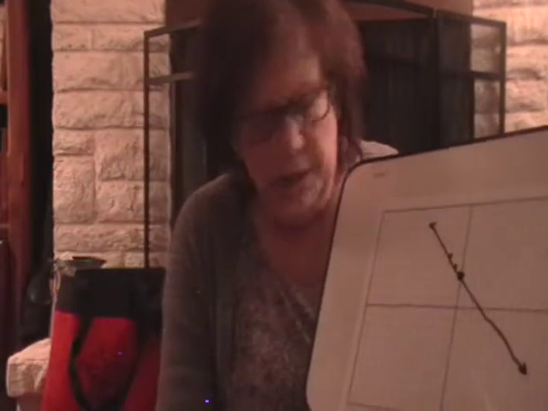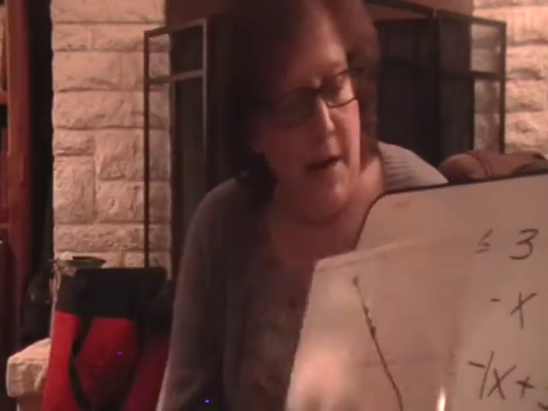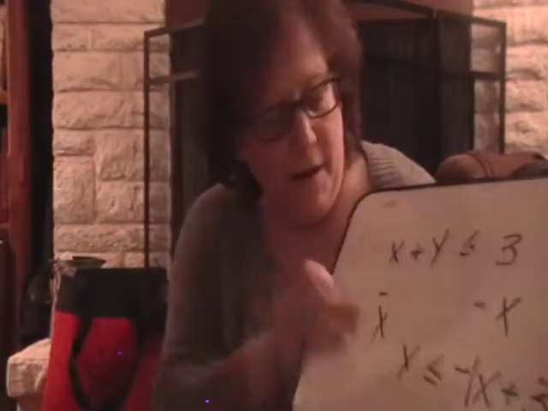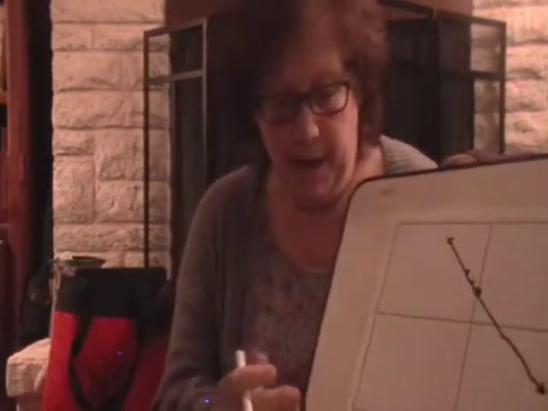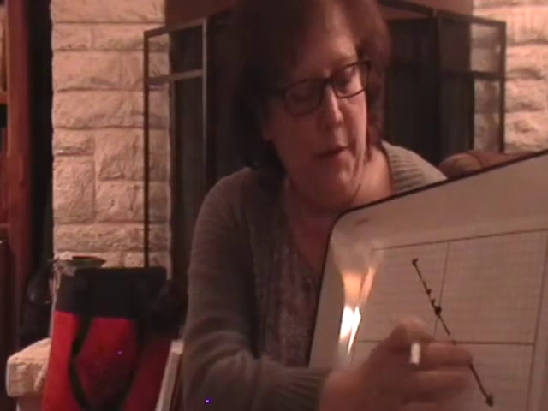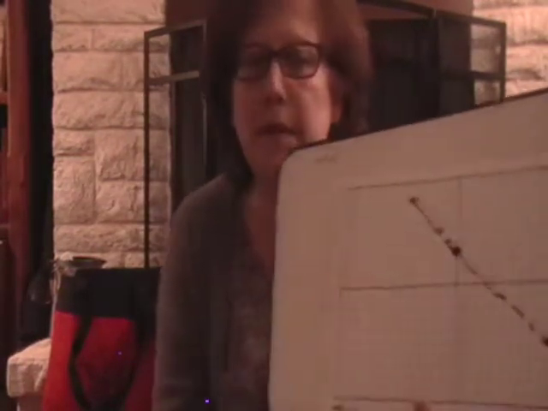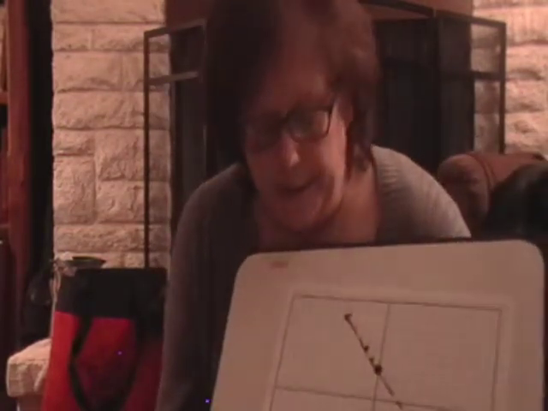But what I have to do is determine whether that should be a dotted line or a straight line. As I look at it now, I see that it should just be an inequality. My eyes are getting bad. If it's an inequality, we are going to make it dotted. So that first one is a dotted line. Now we have to determine where the shading is going to be.